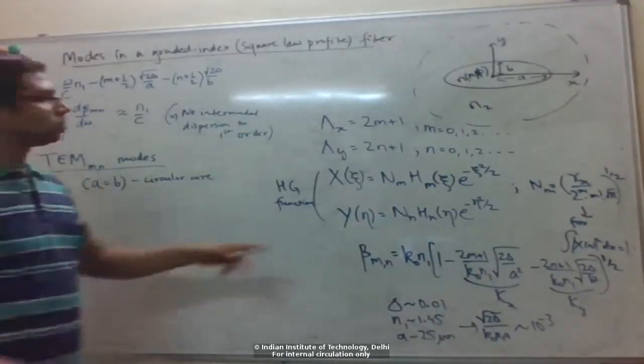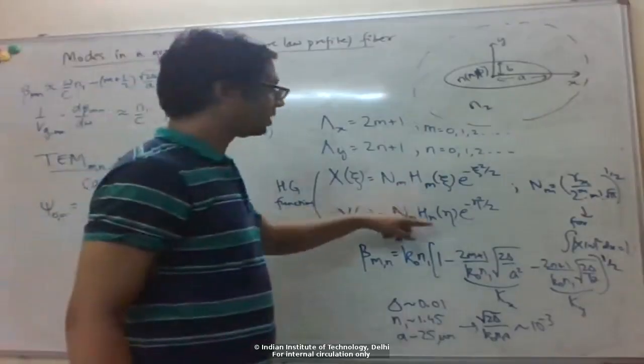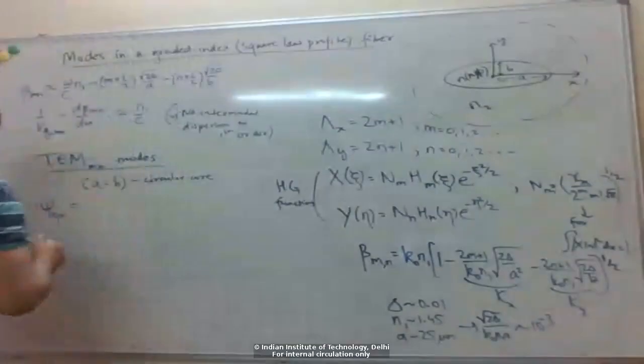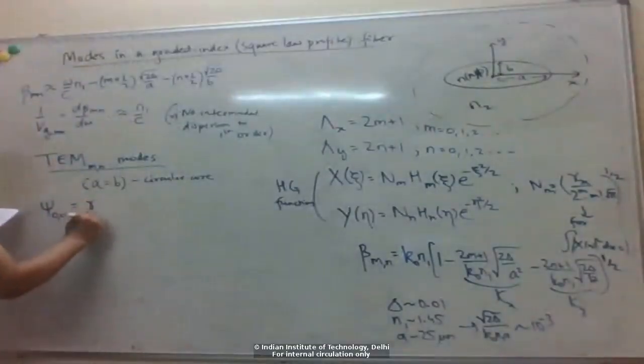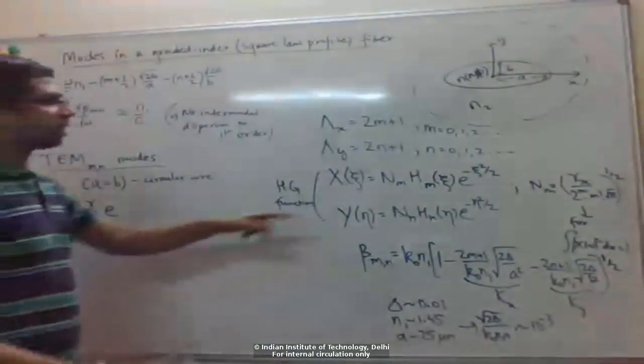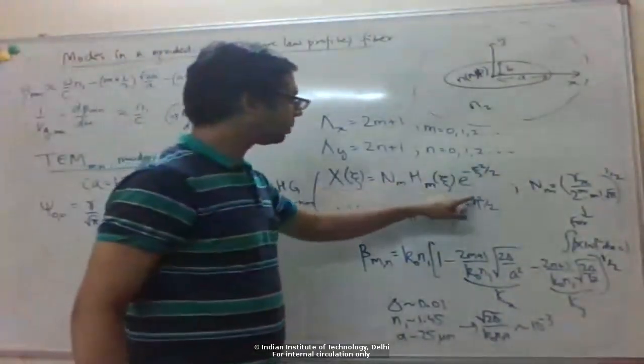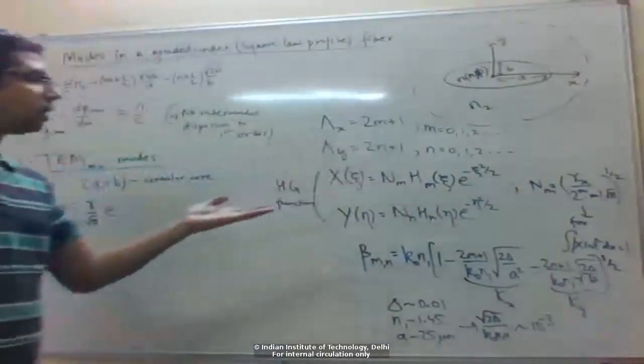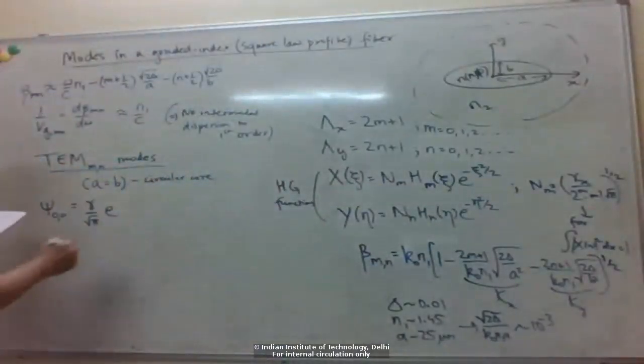The 0th order Hermite function is just a constant, so they are both Gaussian functions. When we multiply the two, we get e to the minus x squared and e to the minus y squared, giving x squared plus y squared, which becomes r squared.